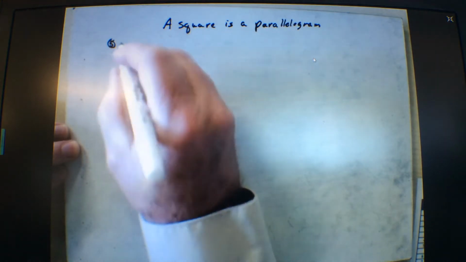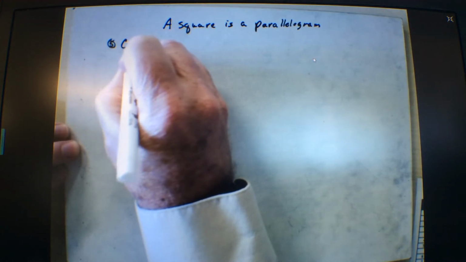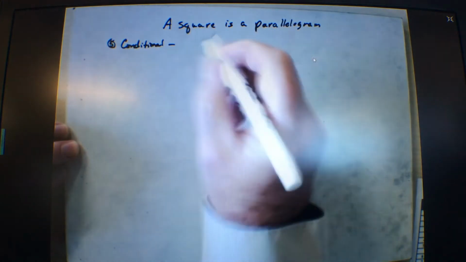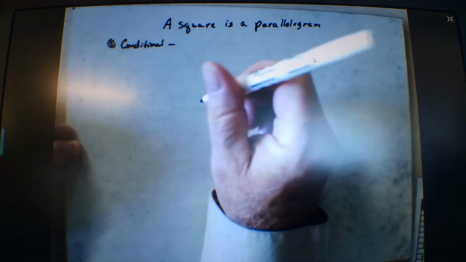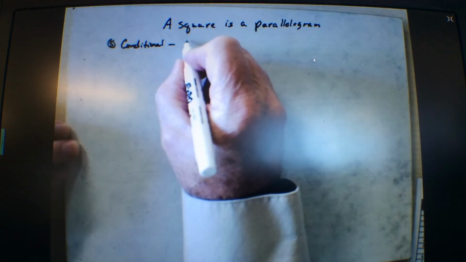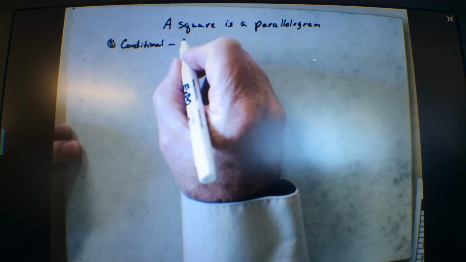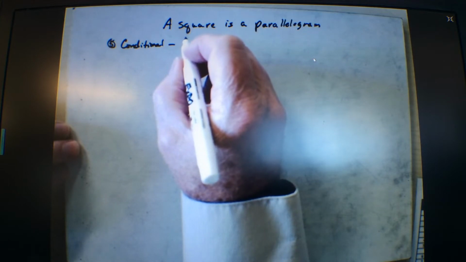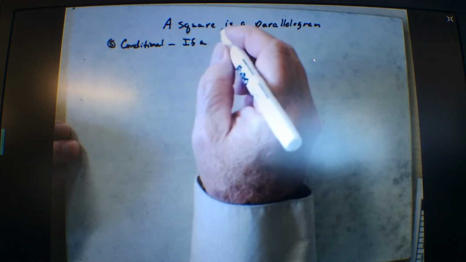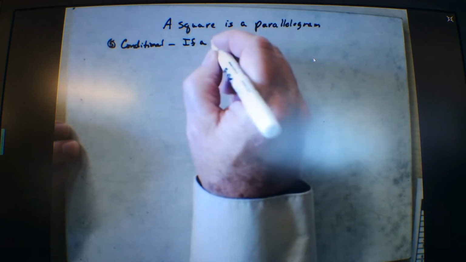Okay, what I want you to do, I want a conditional. What's a conditional? It's an if-then. Okay, so write this as an if-then for me. Kagan? If a what? Okay, let's put if a figure.